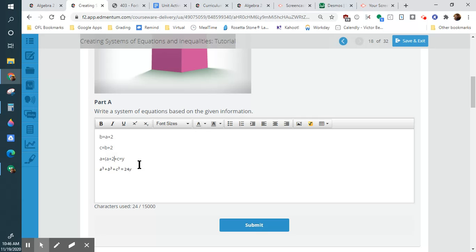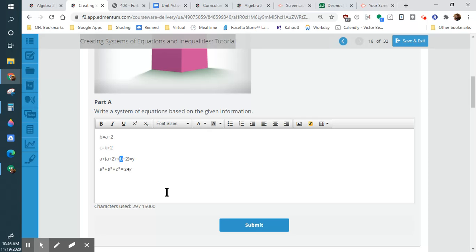Now, the reason why I was allowed to do that was because of this equation right here, B equals A plus 2. Now, this one, I'm going to write it down as B plus 2, but I want this all in terms of A. So I'm going to change this B to A plus 2 again.